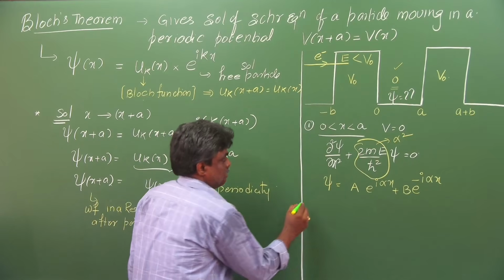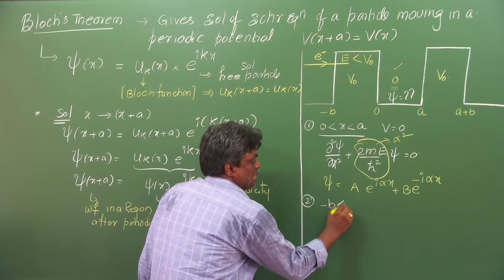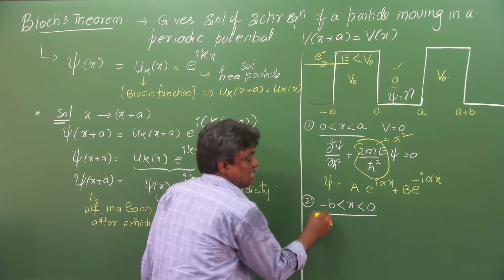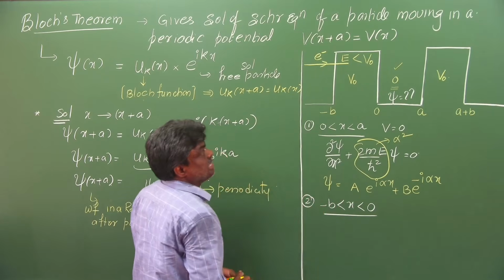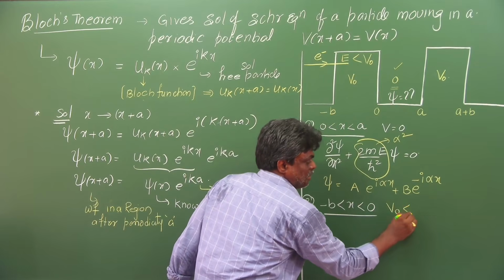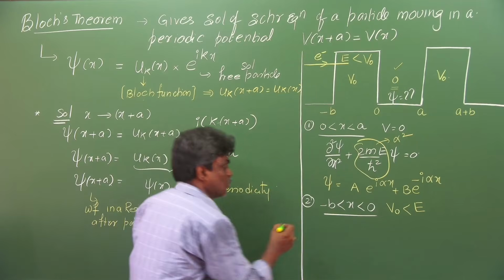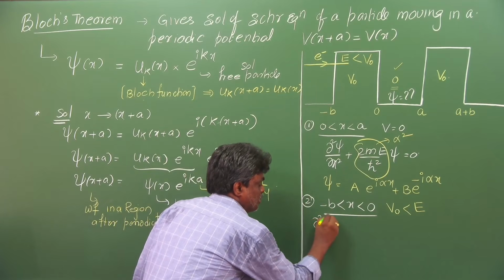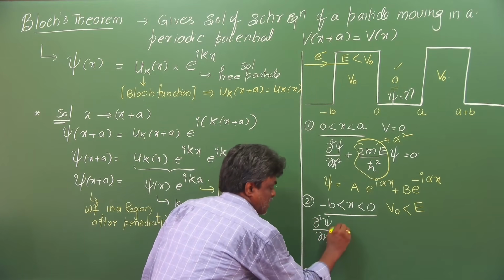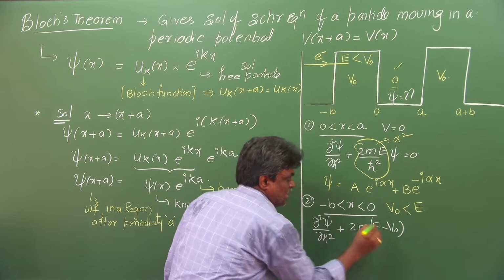Over. That's good. Second region: minus b less than x less than 0. Now this is the region we are studying. Our potential is V naught, but unfortunately less than E, the energy of the electron. So the Schrodinger equation: d square psi by dx square plus 2m(E minus V naught) by h cross square psi equals 0.